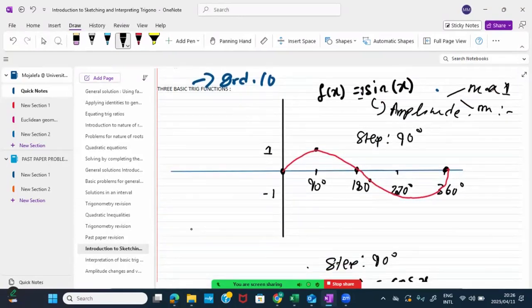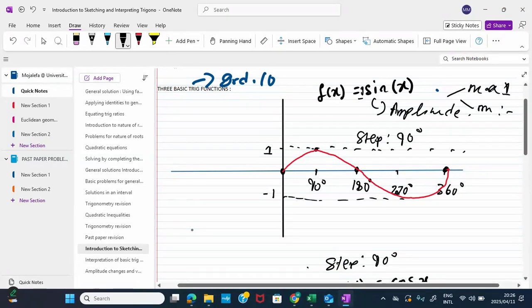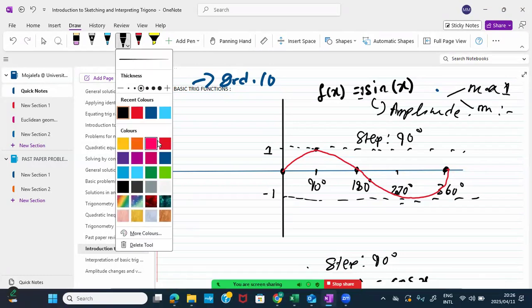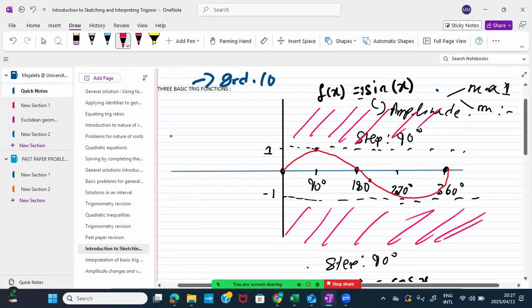Between 1 and -1. So you'll always find this graph between only these two y values. Outside those y values, there's no graph.